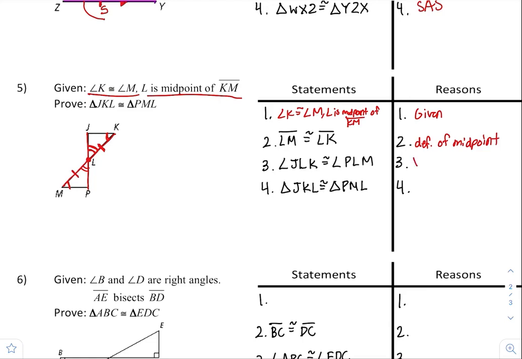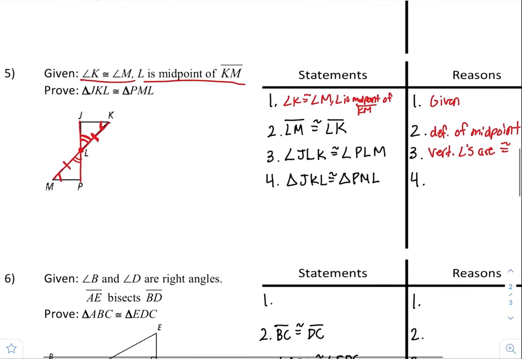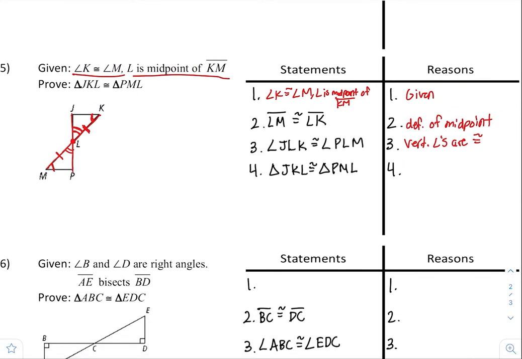Because those are vertical angles, and vertical angles, you guys, are congruent. Now, let's just label everything. So this angle was congruent to this angle, right? This side is congruent to this side, and this angle is congruent to this angle. Angle, side, angle. Angle, side, angle. These triangles are both congruent by angle, side, angle.